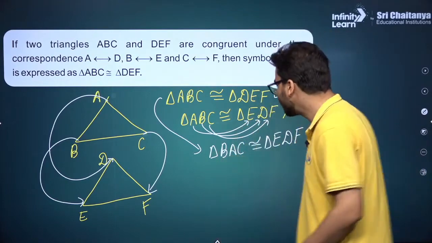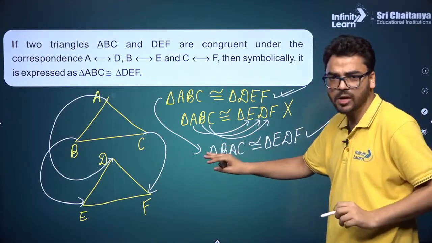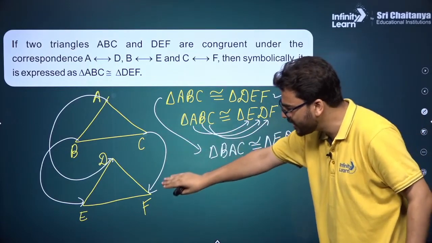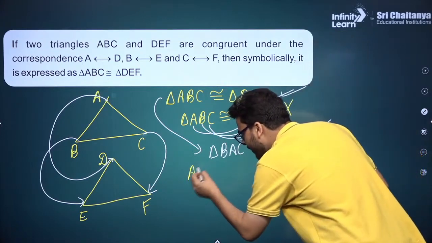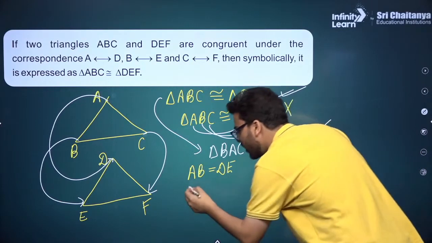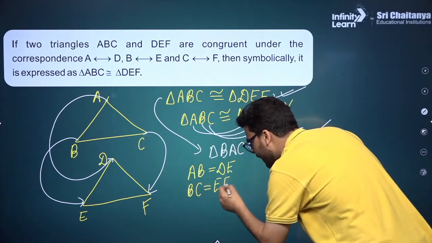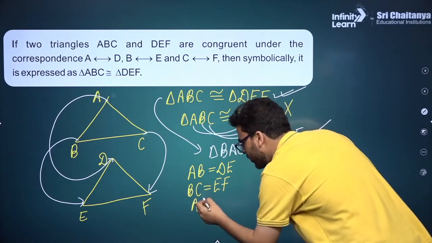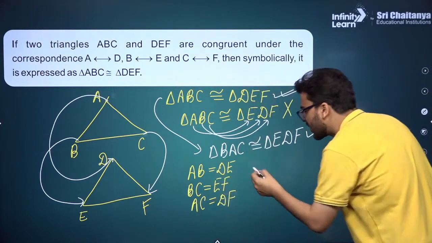Okay, now basically if the triangles are congruent, corresponding parts are equal. We have got ABC congruent to DEF over here. So I can write AB is equal to DE, BC is equal to EF, and AC is equal to DF. Correct? And corresponding angles are also equal.